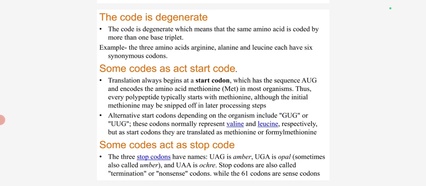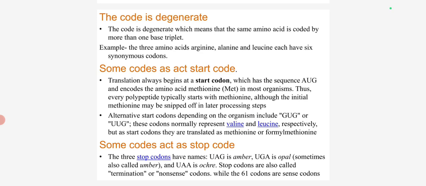Next, the code is degenerate. The code is degenerate, which means that the same amino acid is coded by more than one base triplet.